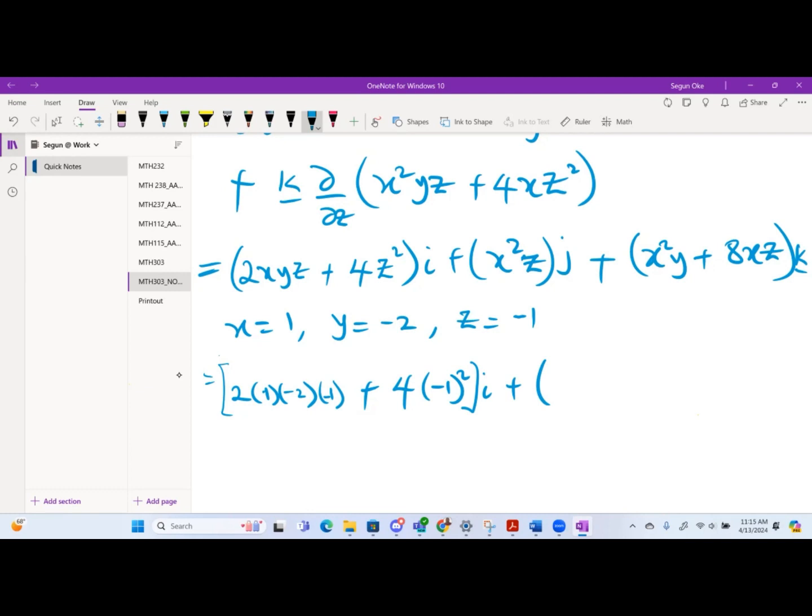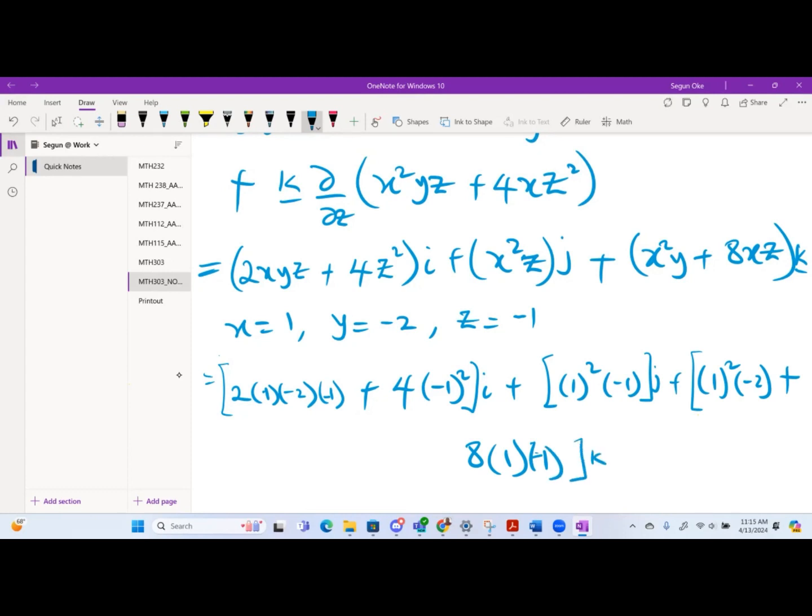J is 1 squared times -1 j, plus k. Now we have 1 squared times -2 plus 8 times 1 times -1, everything k.